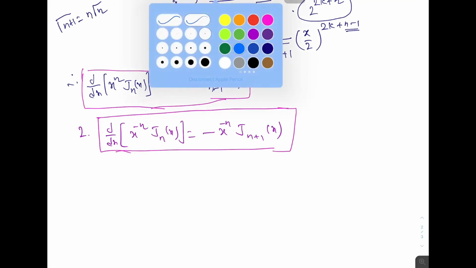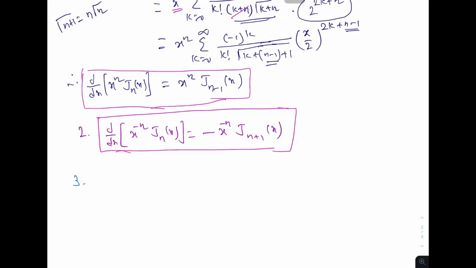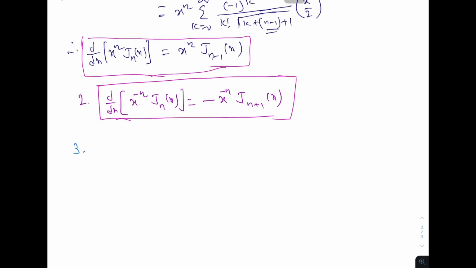So this is one property. The third one here is Jn dash, that means the derivative at x, plus n by x Jnx, equal to J n minus 1 x.